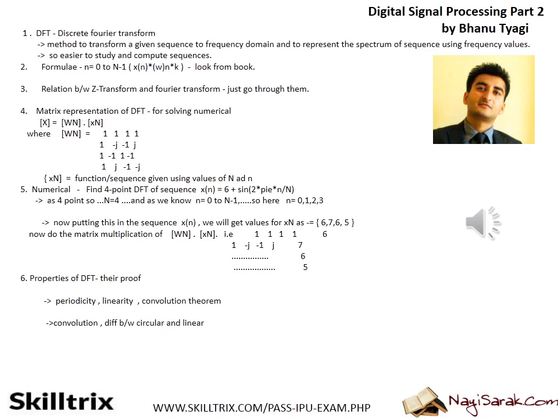So what the matrix method says is that the N-point DFT, that is capital X(k), can be found out as capital W_N into x(n). We know that as 4-point DFT is asked, for 4 points the value of the W_N matrix is: 1 1 1 1; 1 minus j minus 1 j; 1 minus 1 1 minus 1; 1 j minus 1 minus j.